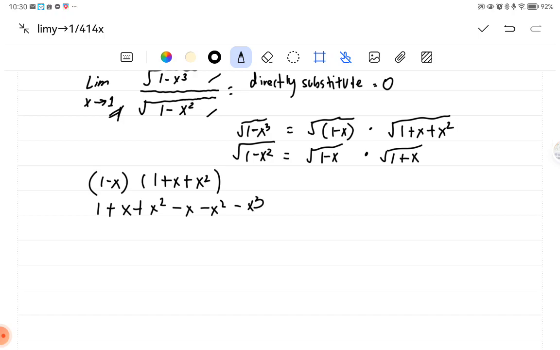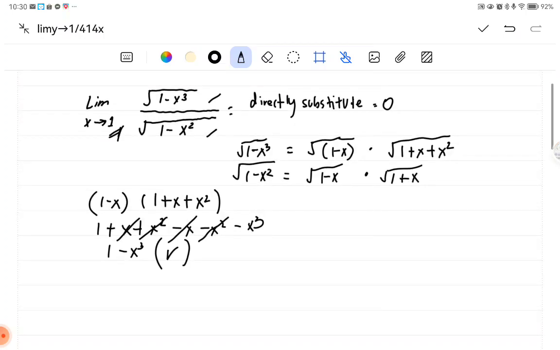So the middle terms cancel, and therefore we arrive at 1 minus x cubed. So therefore our factorization is right.